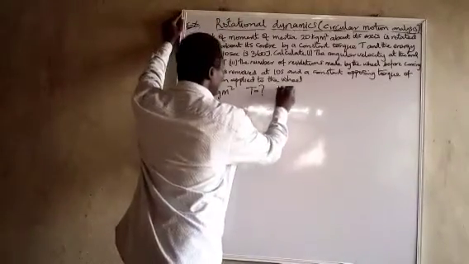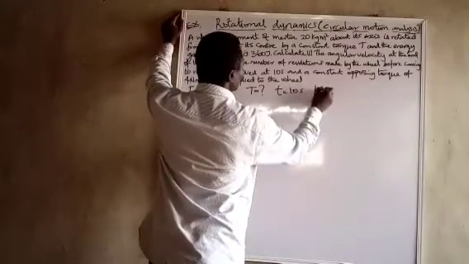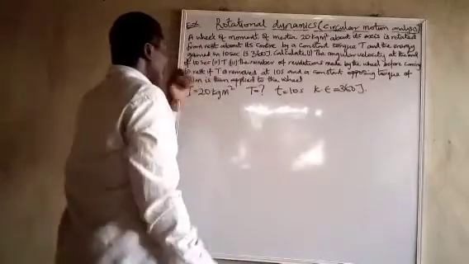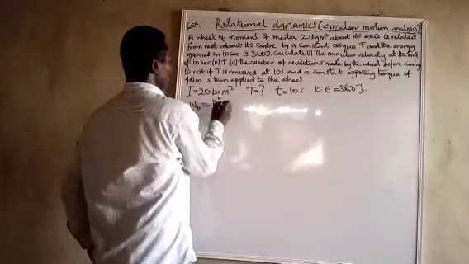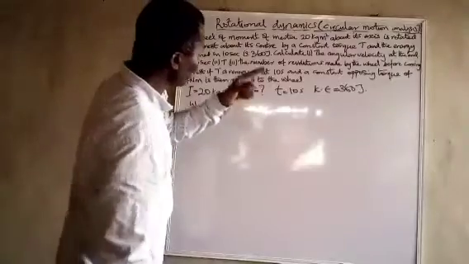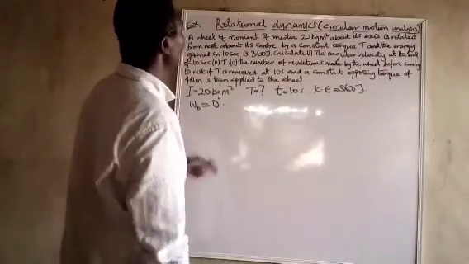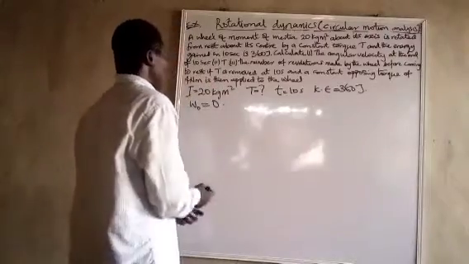After 10 seconds, energy gained is equal to 360 joules, and the initial velocity is 0. Calculate 1, the angular velocity at the end of 10 seconds. 2, T. Now let's see how we can go about this.